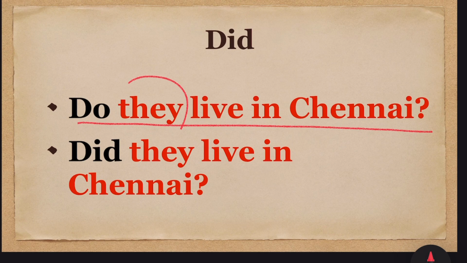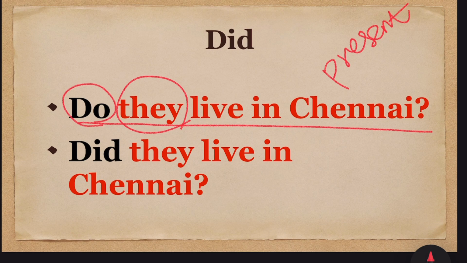Here the subject is they. This sentence is in present tense. If you want to make this present tense sentence into past tense, you have to change the verb, that is do, into did. Did they live in Chennai? So the past tense of do is did.